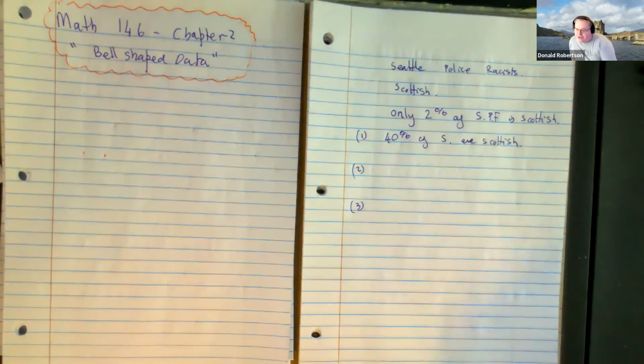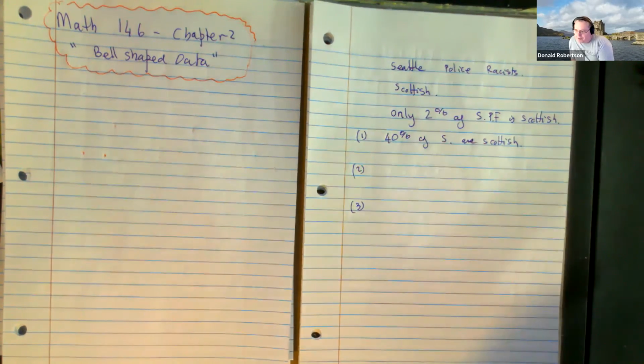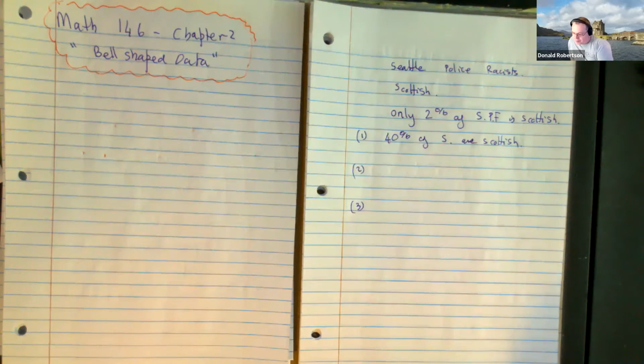Now, if that was Seattle, I'm ready to start suing those guys. Would you agree, if 40% of Seattle is Scottish, how come only 2% of them get into the police force? I want to look at their hiring process. When they look at applicants, if they see the word Mac or Mick on their last name, they don't even ask them to come in, because isn't that a good way of catching Scottish people?